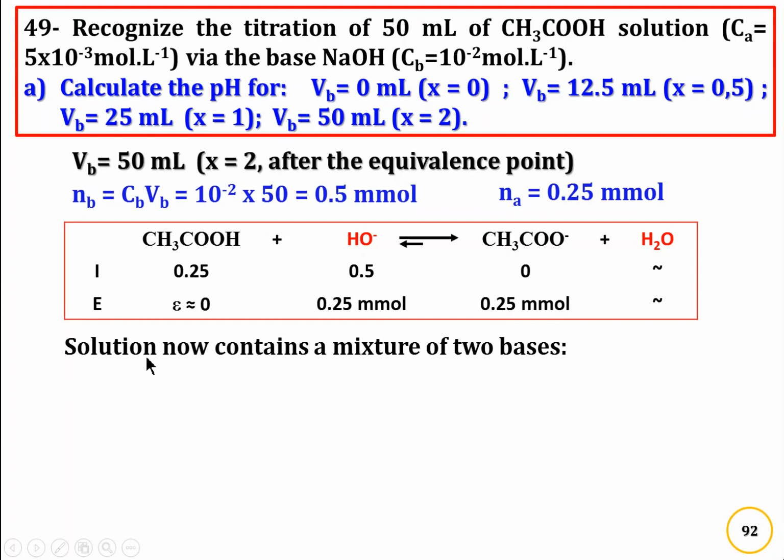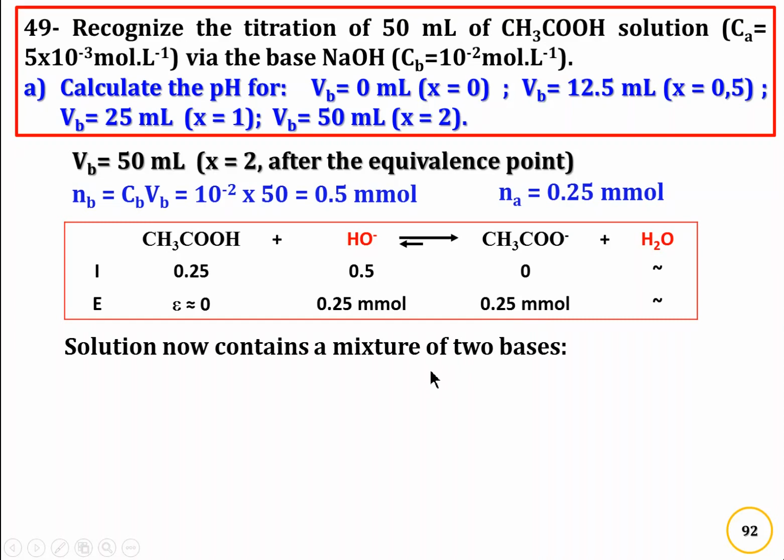So in the final solution now we have two bases: OH⁻, which is a strong base, and the number of moles is 0.25 millimole, and acetate, which is a weak base, and the number of moles is 0.25 millimole.